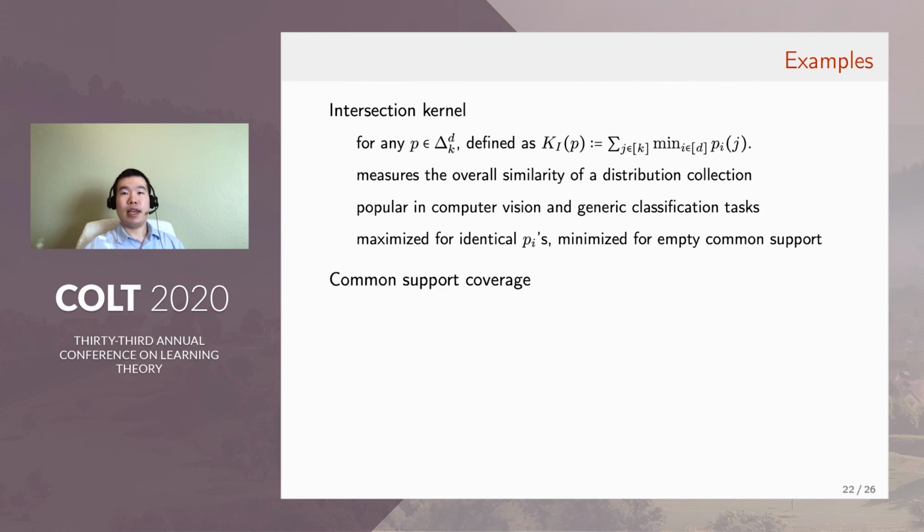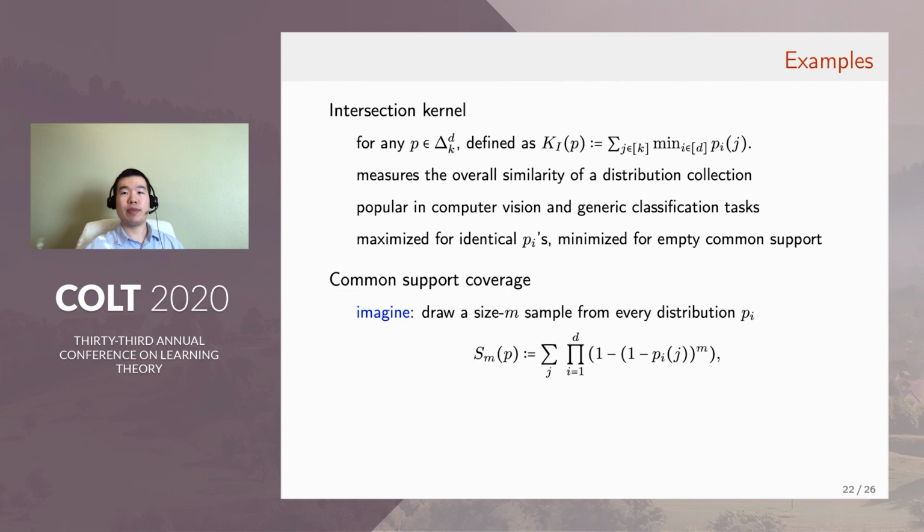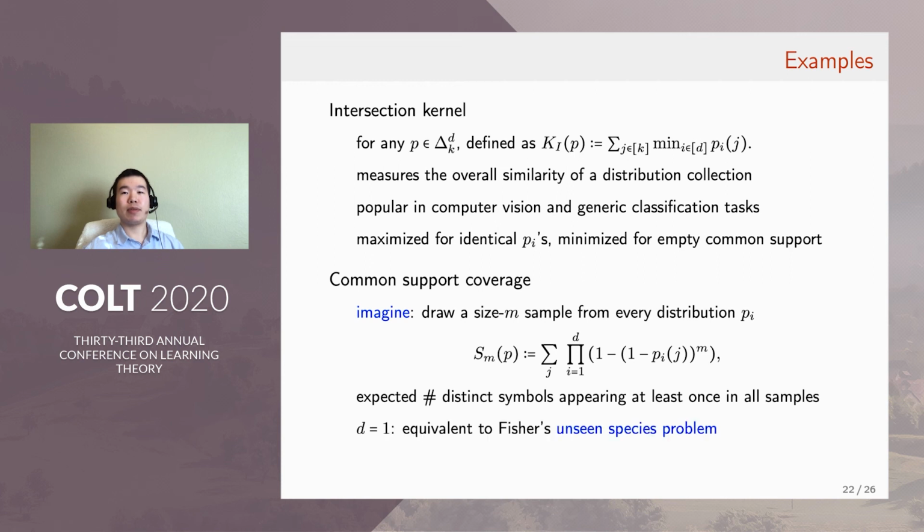The fourth task is common support coverage estimation. Imagine that we draw a sample of size m from every distribution Pi, and then we have S_m(P). This is the common support coverage, which is the expected number of distinct symbols appearing at least once in all samples.